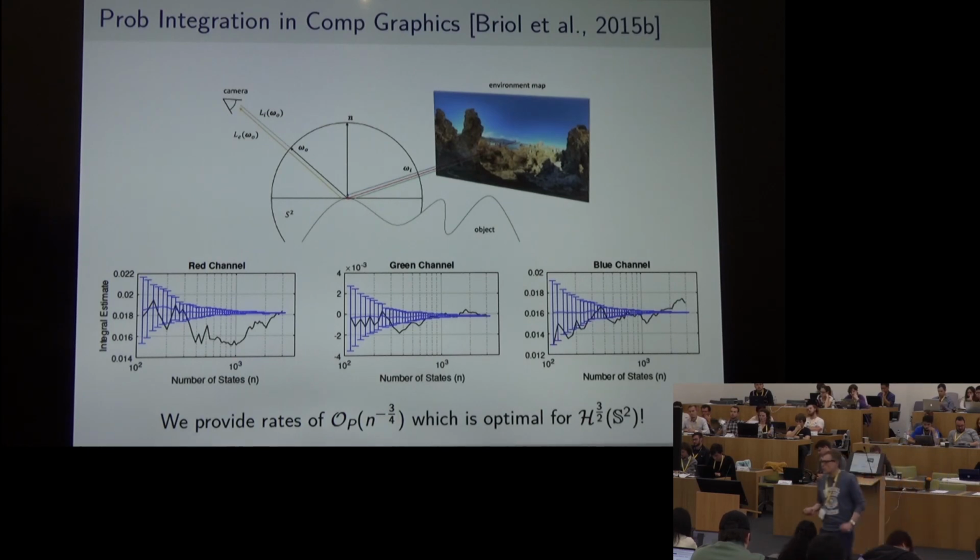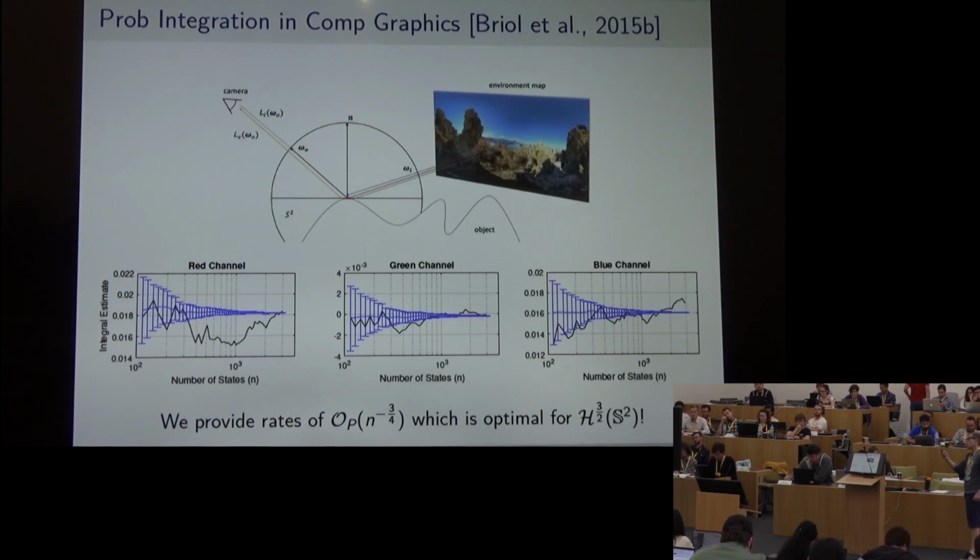We get a procedure that looks like this. So you can see that the rate of convergence is much quicker. It's much more consistent as well. You can see the uncertainty shrinking quite rapidly and consistently, which is quite nice.